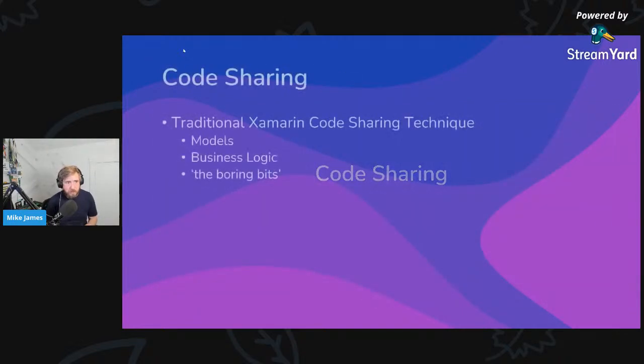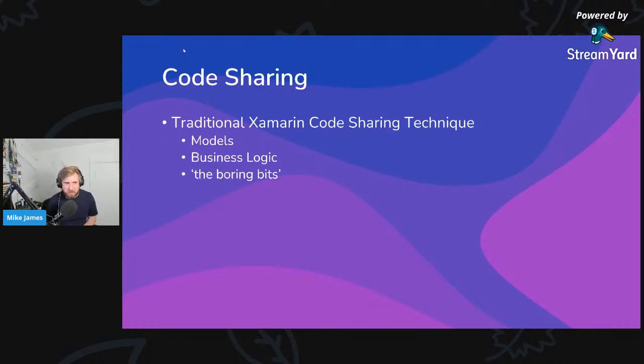Then we have the code sharing. In the world of traditional Xamarin, you might share your code by creating the UI with a storyboard for iOS, and then maybe your Android XML for Android. And then along came Xamarin.Forms, and we would write it in XAML. But we always thought about code sharing as the boring bits, the business logic, the models, the services, and then creating these custom UIs on top.